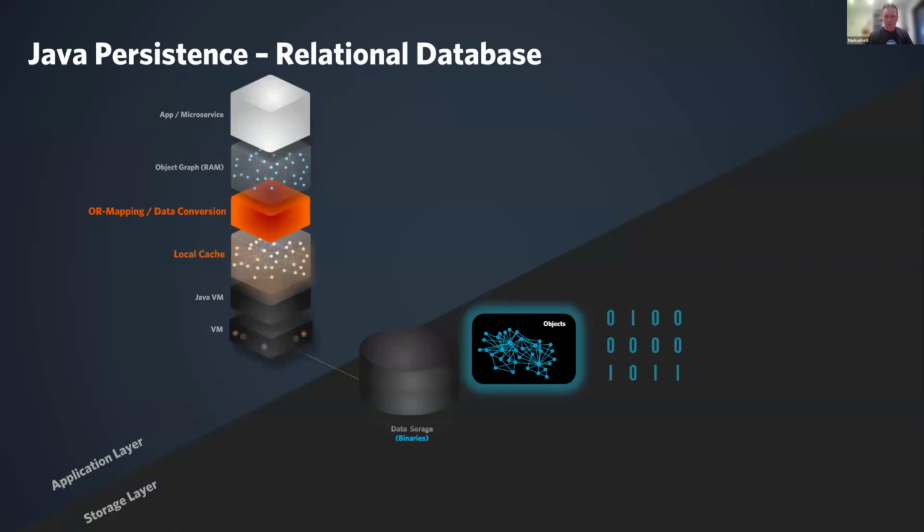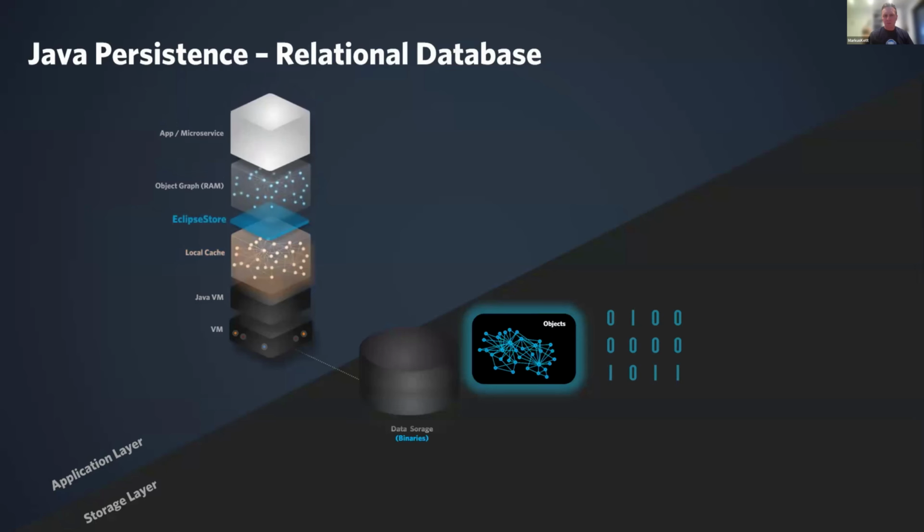With EclipseStore, we now replace object relational mapping. We don't need object relational mapping anymore. We don't use a relational database anymore. We just use the Java object model. We use the object graph in memory, and we let EclipseStore serialize our object graph or the changes on disk.